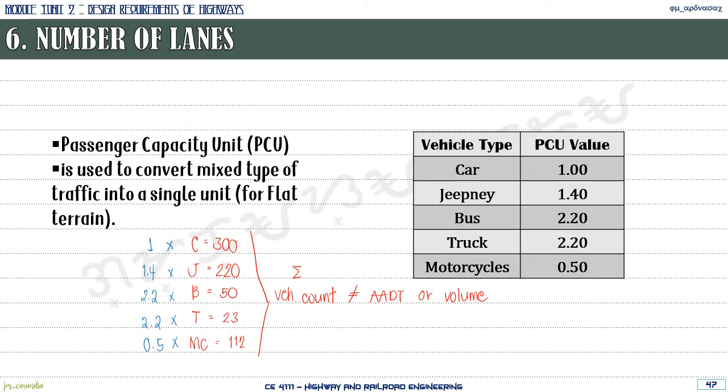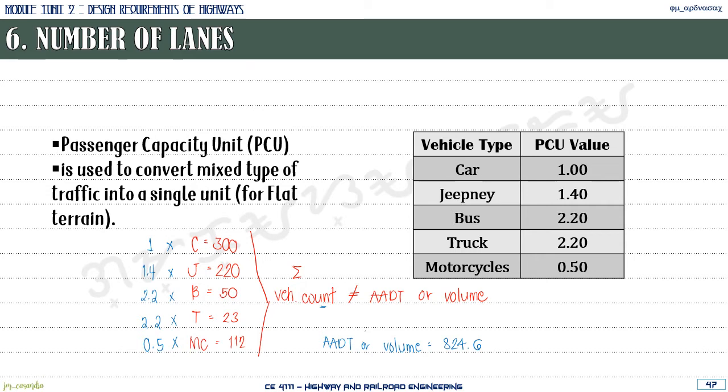So we'll not simply add up your vehicle counts. You have to multiply it first. So for this example, our equivalent PCU for our EADT, or your volume, is now equal to, as computed, 824.6. Okay, so where did I get that again?